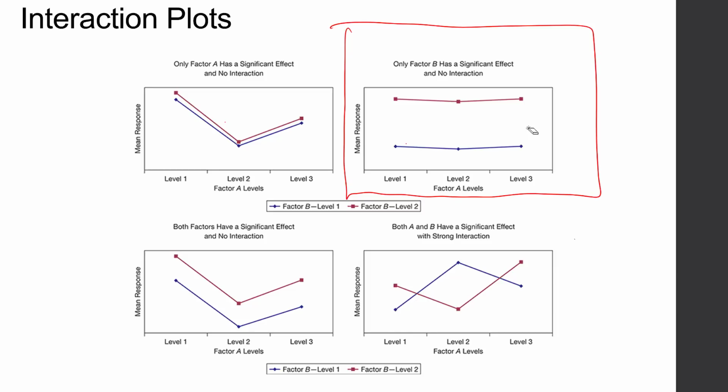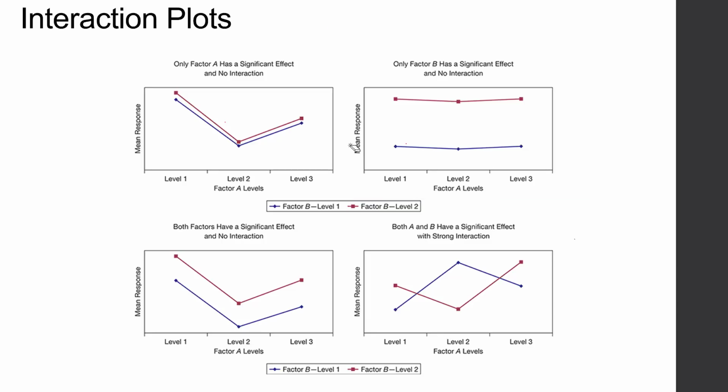Again, it looks like there's not an interaction. These lines are parallel. The level of one variable does not depend on what level of the other variable you're on. The change for B is the same no matter what level of A you're on. And that's what tells us it doesn't look like there's an interaction.